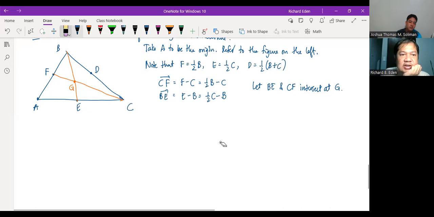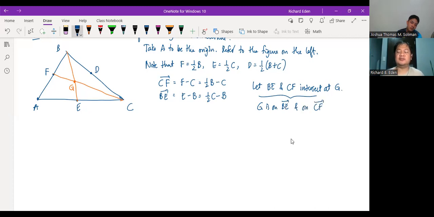Okay, G is the intersection of BE and CF. So when we say BE and CF intersect at G, this means G is on BE and on CF.